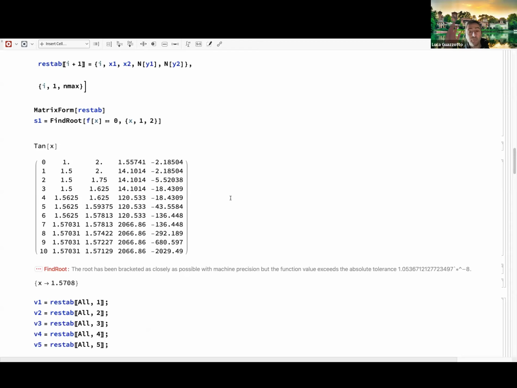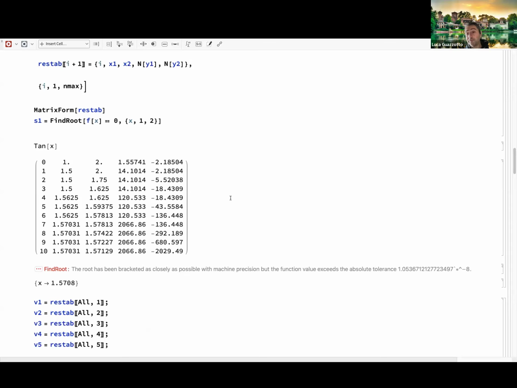So, Calculus 1 theorem: if f of x is continuous and f of x1 is equal to a and f of x2 is equal to b, it is going to assume all the values between a and b between the points x1 and x2.